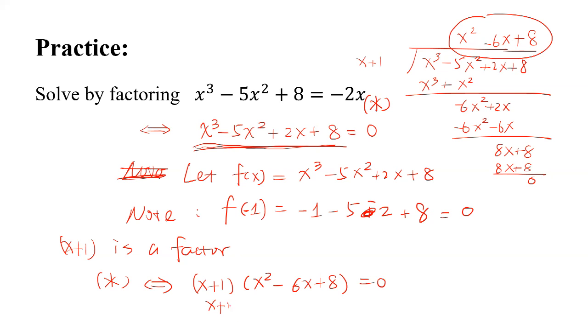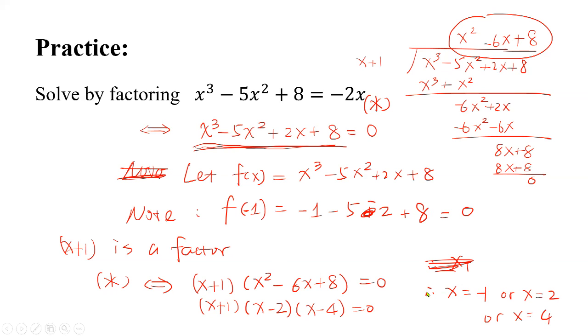And of course, the latter part can be further factored to x minus 2, x minus 4, right? And then the solutions are x equals minus 1, or x equals 2, or x equals 4, right?